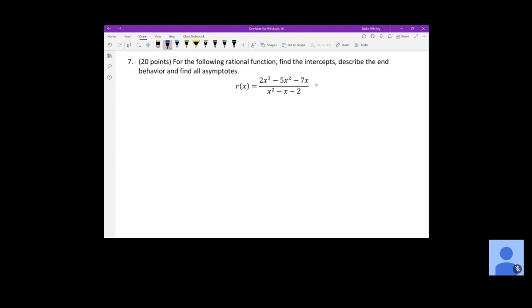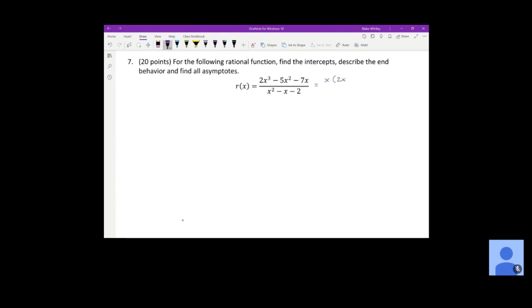Right, so if we factor the numerator, what can we do in the numerator? Good. We have a common factor of x. I'm going to bring that out.